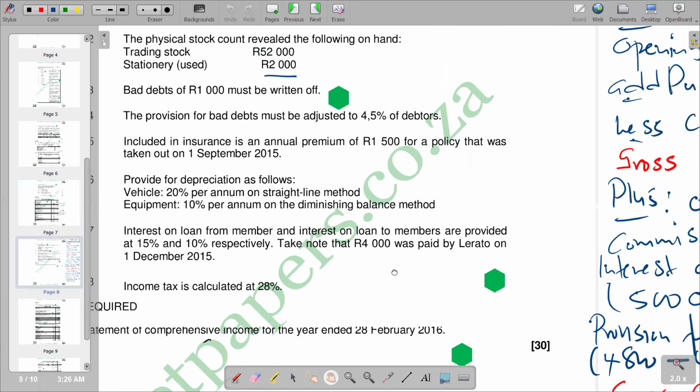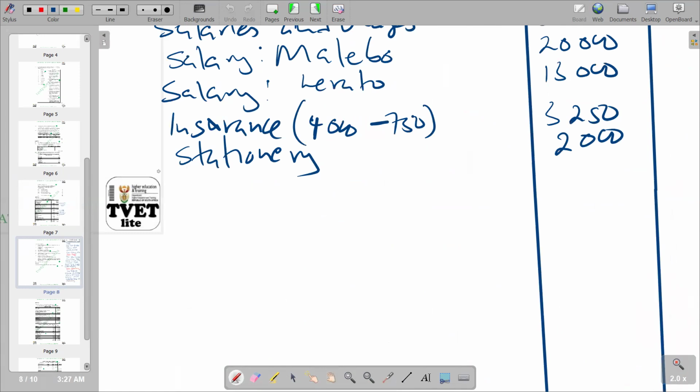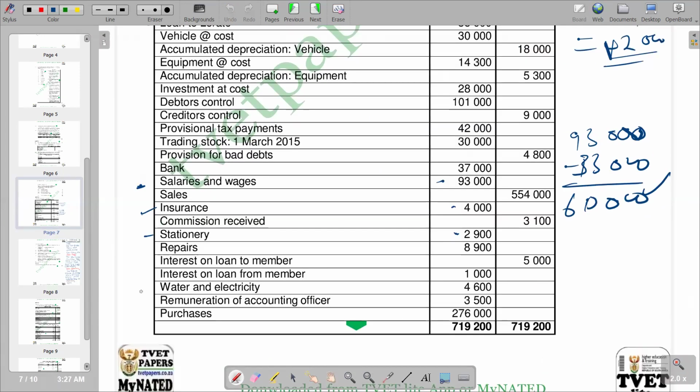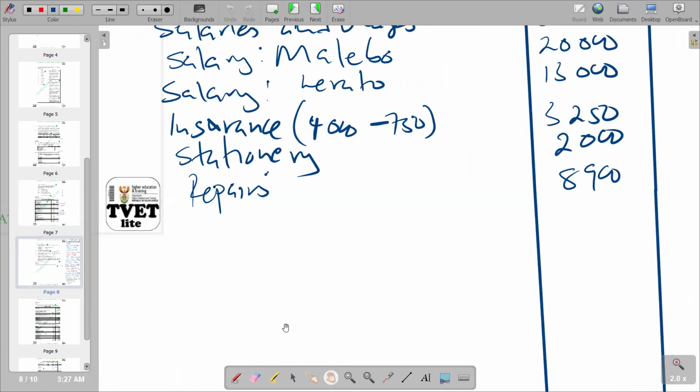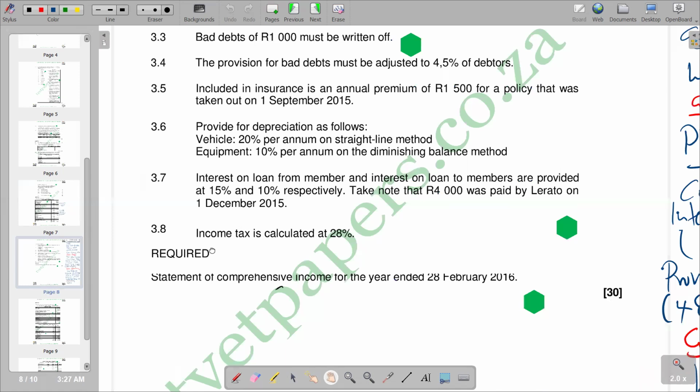So we say repairs, then it's 8,900. Then we go back again, check after repairs, we put our interest on loan from member. We've already adjusted that one, but interest on loan from member, 1,000, indicates what was actually paid. But what is for the period is the figure that we want, so we go to the extra information to see how we're going to calculate it.